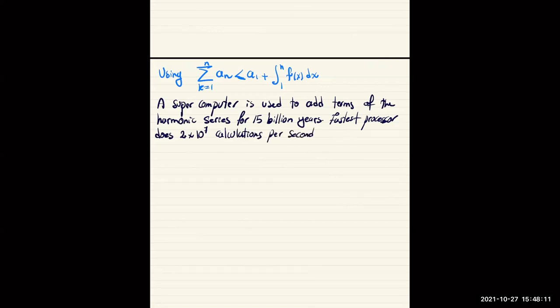It could be a little bit more, I don't know. I'm just assuming it's that much. We're going to find an upper bound for the sum. Again, upper bound is the number that the sum is not going to go beyond.